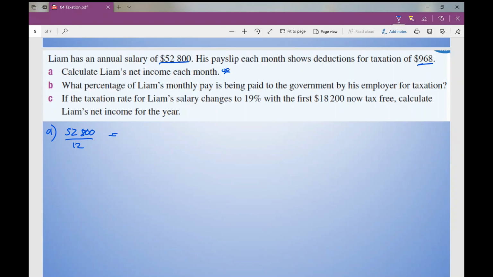So we put that into our calculator and we get 4,400, and this amount is gross monthly pay.